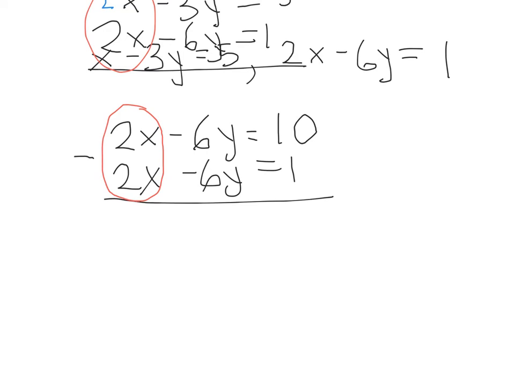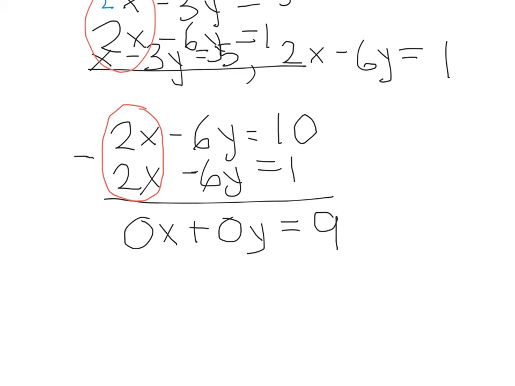So 2x minus 2x leaves me with 0x. Minus 6y minus 6y, that's minus 6y plus 6y. That leaves me with 0y equals 10 minus 1 is 9. And what's happened here is that both of the variables eliminated.